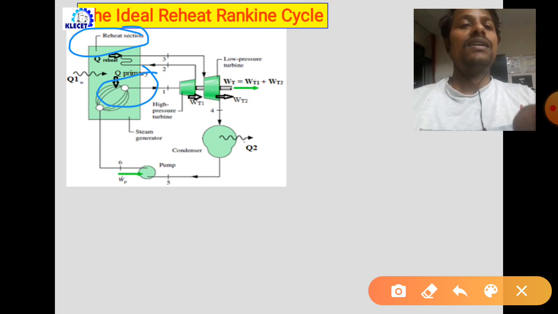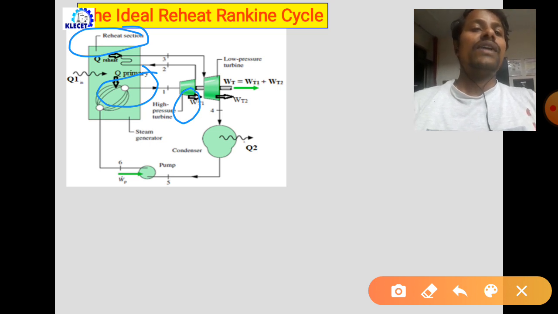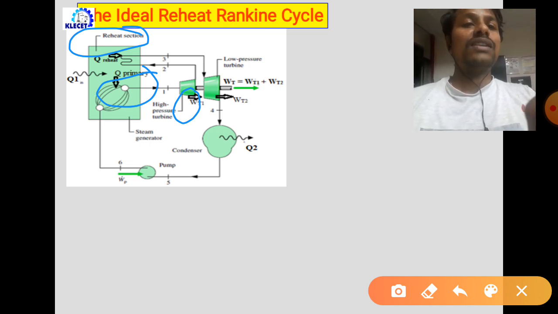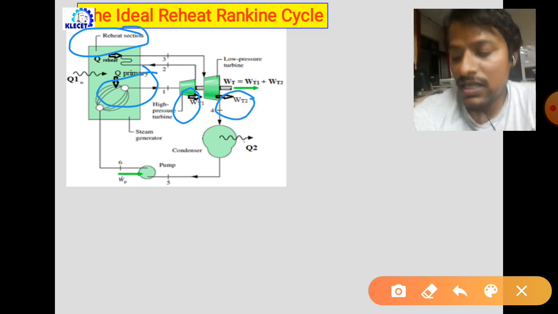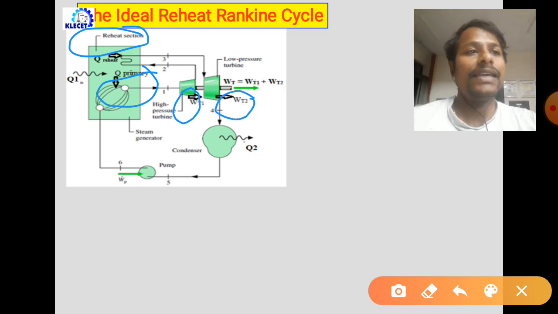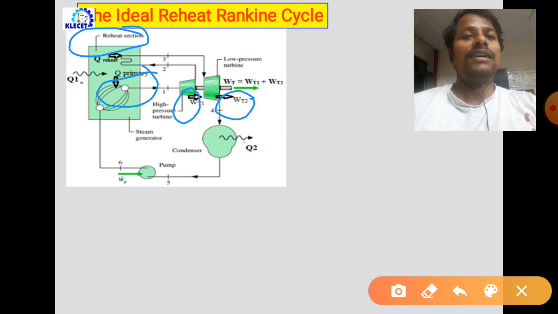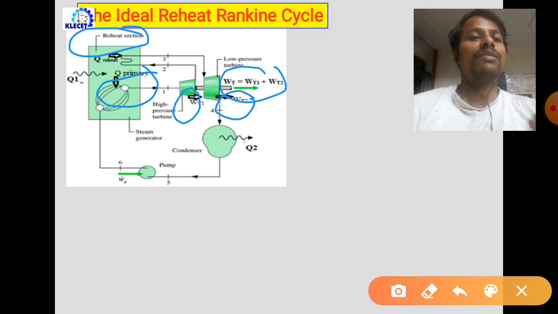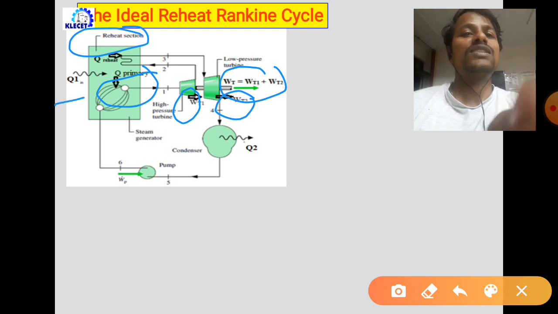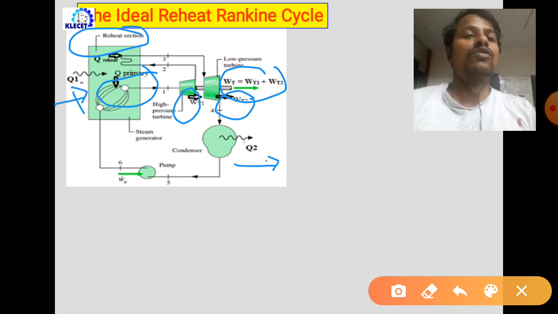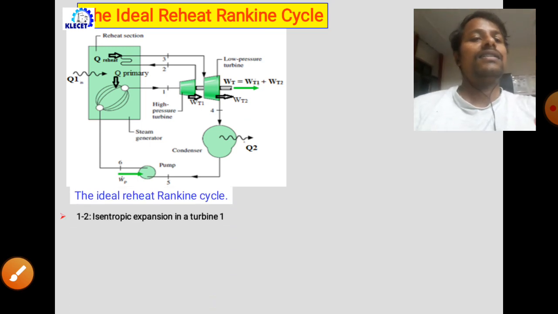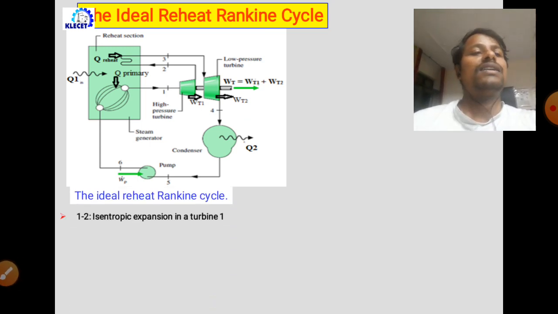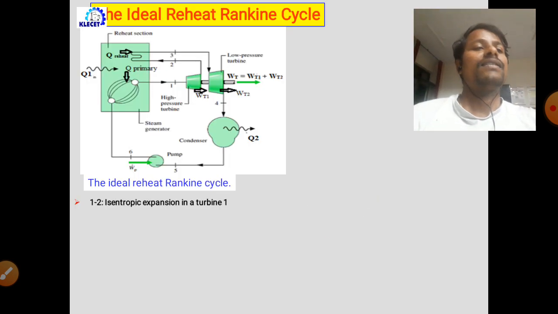WT1 is the turbine work produced in stage 1, WT2 is the turbine work produced in stage 2. The total turbine work is WT1 plus WT2, Q1 is the total heat supplied, Q2 is the total heat rejected.